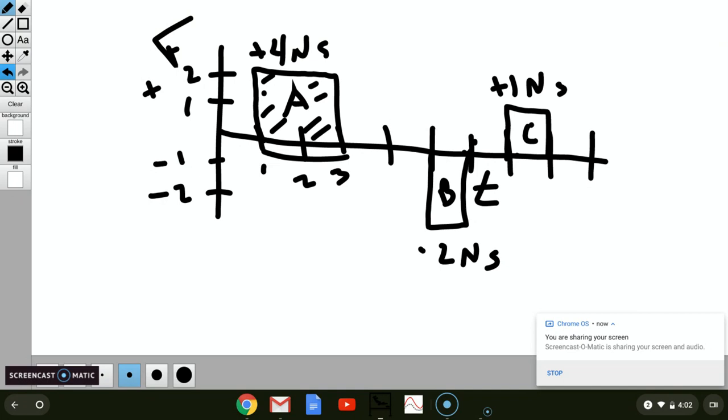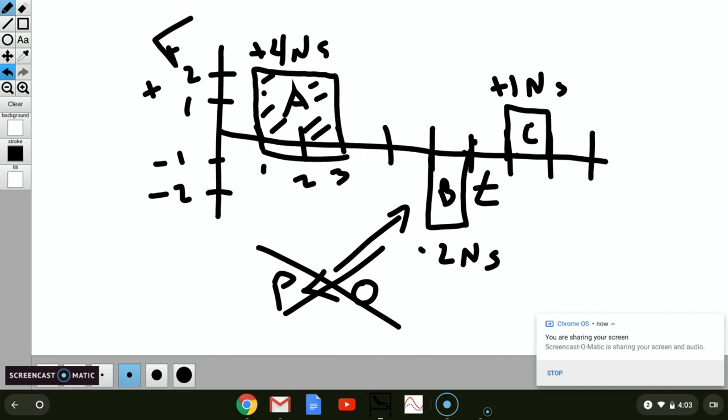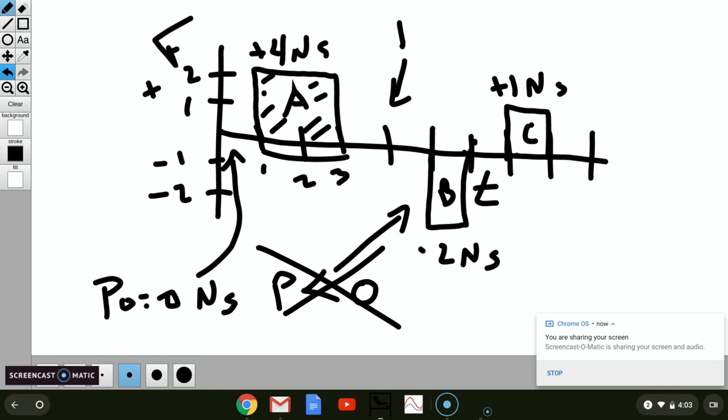Now, it is important to note that this does not mean that the momentum is less than 0 or negative. It means there's a change that's negative. If you start here with an initial momentum of 0 newton seconds, the momentum at second 4, so P4, would be a positive 4 newton seconds.